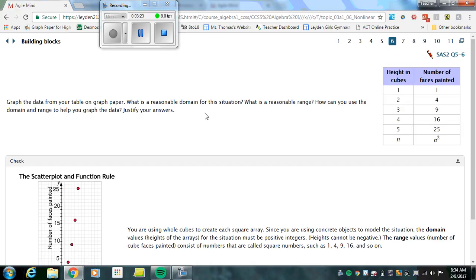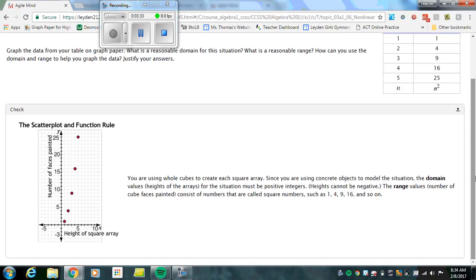All right, so domain is x, so right here are all the domain numbers. Range is y, so all right here are the range numbers. The domain values, which are the heights, must be positive integers.